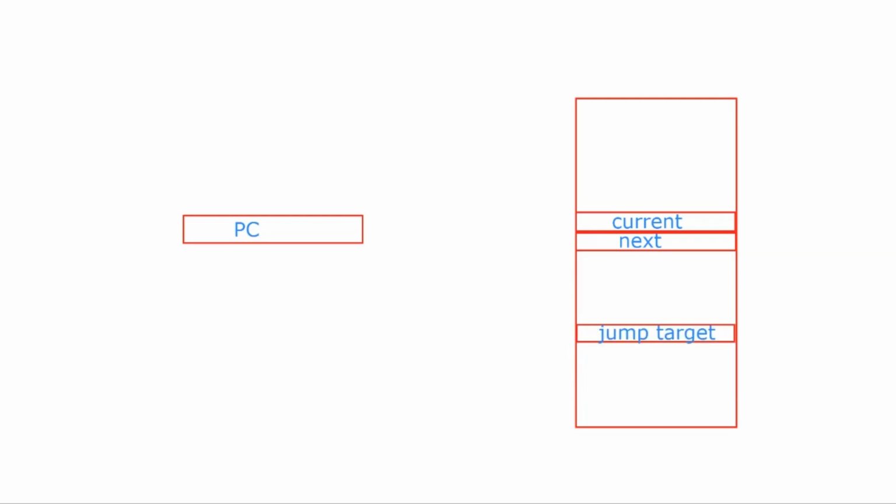The jump target is the instruction that you want to jump into instead of executing the next instruction in the usual sequence.